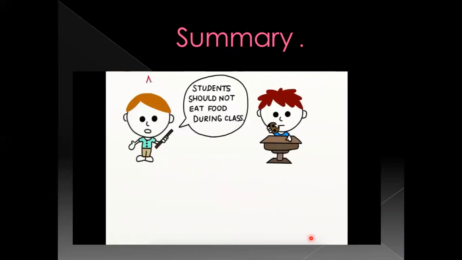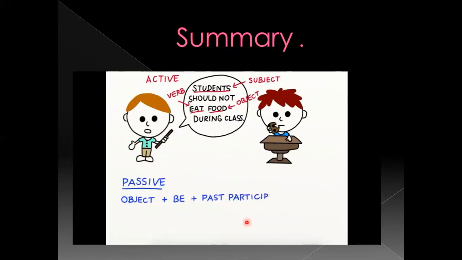Let's try an example. Students should not eat food during class. This is an active sentence. Students are the subject, eat is the verb, and food is the object. To change this to the passive voice, we must use the formula: object plus modal plus form of to be plus past participle. Let's try together.